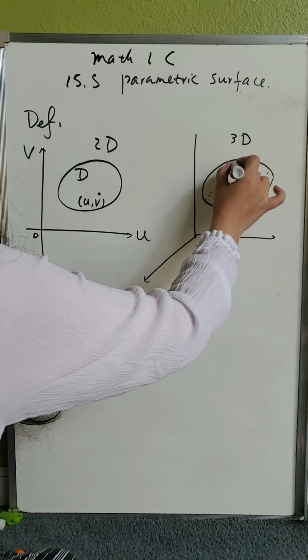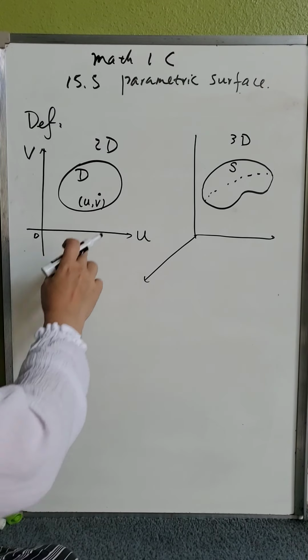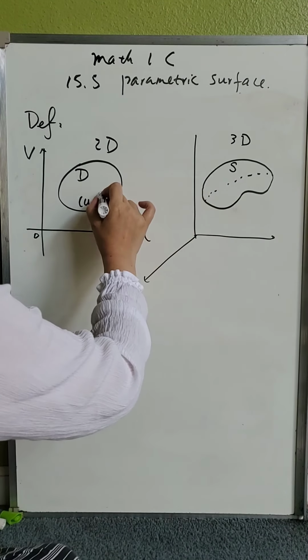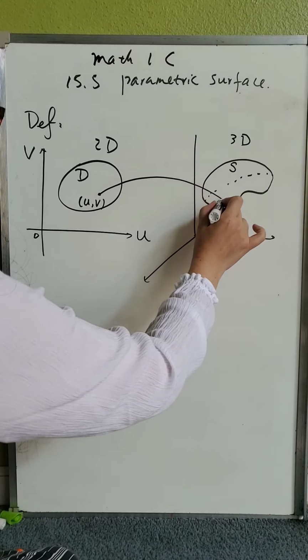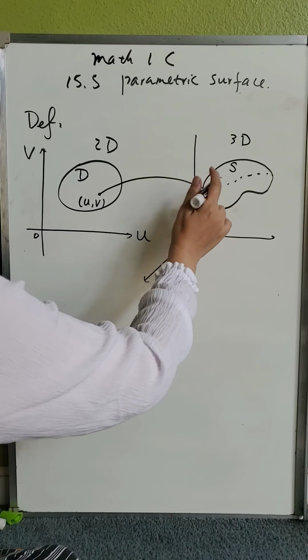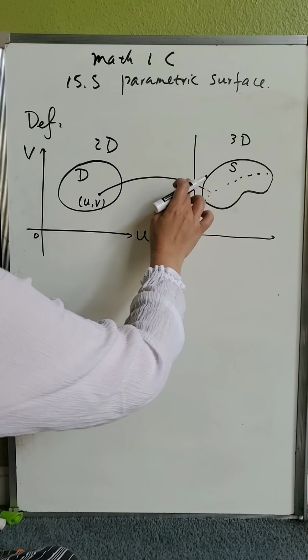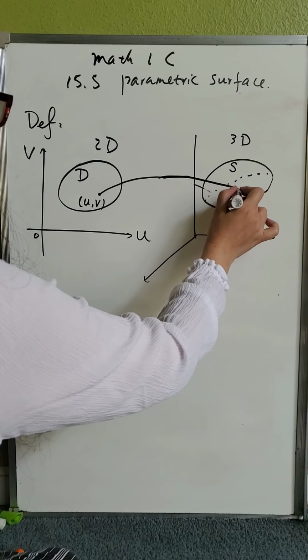So this is S now, this is the surface. And this point here goes to here, on the surface, let's say. So on the 3-dimension part right here, okay?